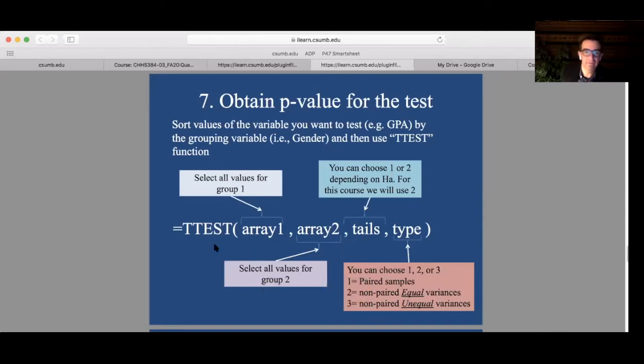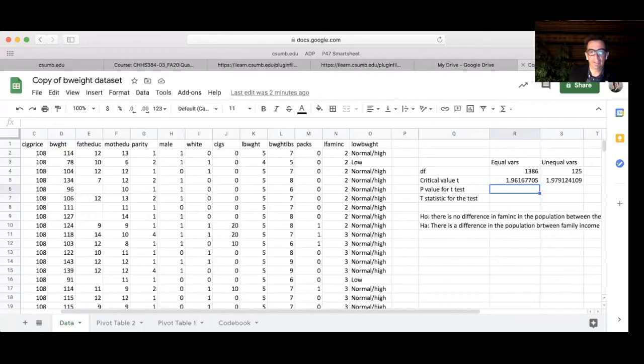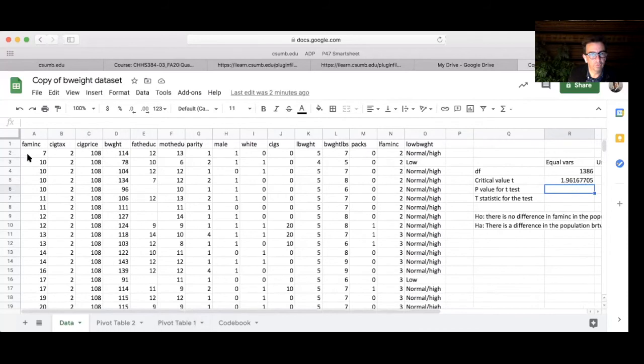All right, so this is pretty straightforward. The only little complication here is that we have to select all the values for each group. So let's go and do that. Now we have to select all the family income for families that had babies of low birth weight, and then select all the incomes for families that have the normal and high weights.